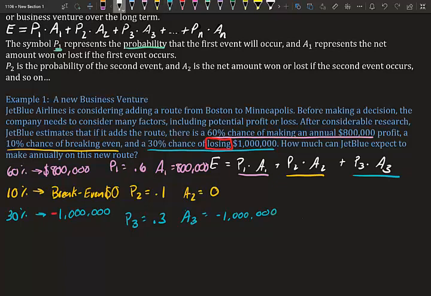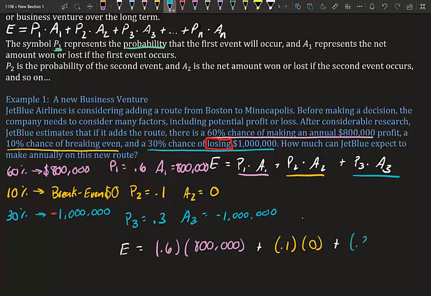So let's go ahead and put it into our formula. We have expected value equals P1 times A1, so P1 is 0.6, A1 is 800,000. Then we add that to P2A2, so P2 is 0.1, A2 is 0. And then we add that to P3A3, so P3 is 0.3, A3 is negative 1 million.